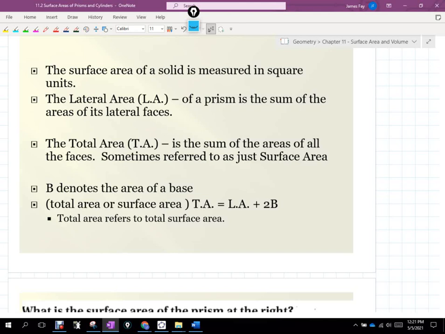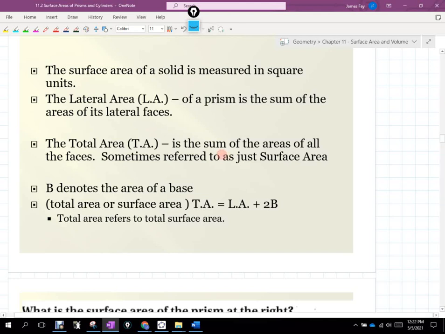Your base might be a rectangle, so then B times H is that area formula. If your base is a triangle, then capital B is 1/2 BH. If it's a hexagon, then capital B is 1/2 AP. So we have to be able to jog our memory back to Chapter 10's area formulas to determine what capital B is.